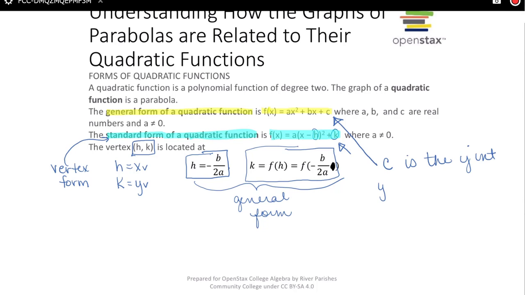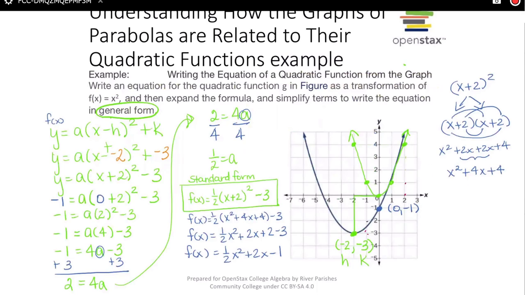So the y-intercept is the point (0, C). I forgot to tell you that in the other video. So if we look here, A is 1/2, B is 2, C is -1. Look where the y-intercept is. It is, in fact, at -1. So that definitely checks out.